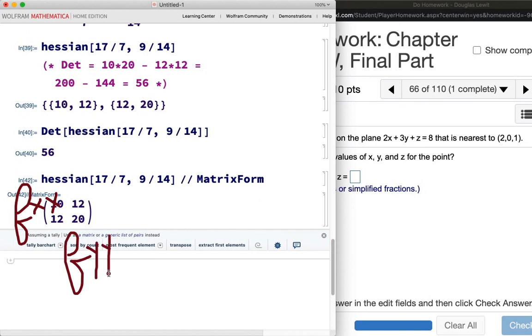Those are positive, which means I'm dealing with a local minimum value, which makes sense because the D value is greater than 0, so I know I found the answer to the problem.